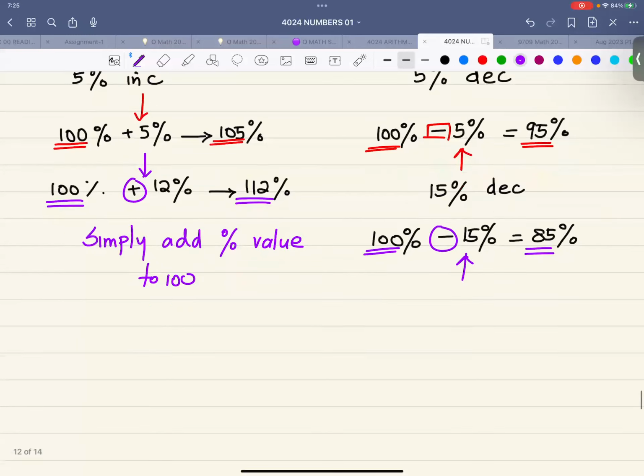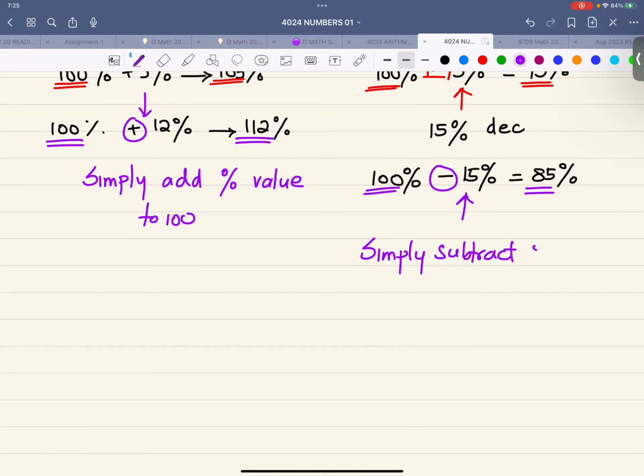So now I can simply write: subtract the percentage value from 100. Over here, we are adding to 100. Over here, we are subtracting from 100.